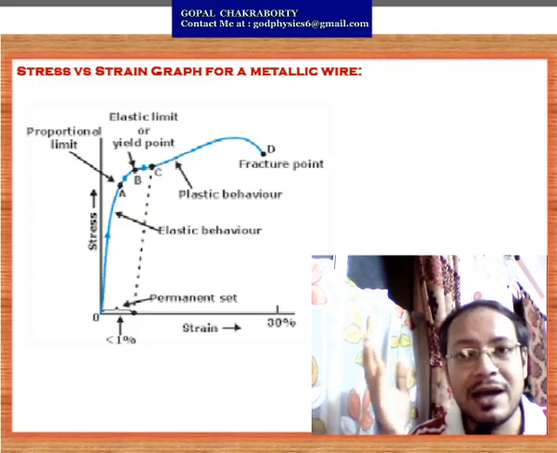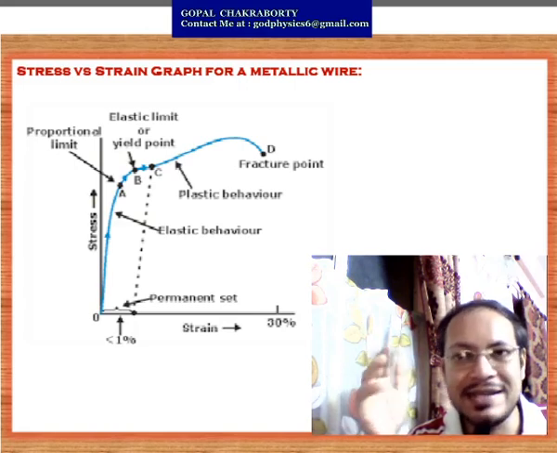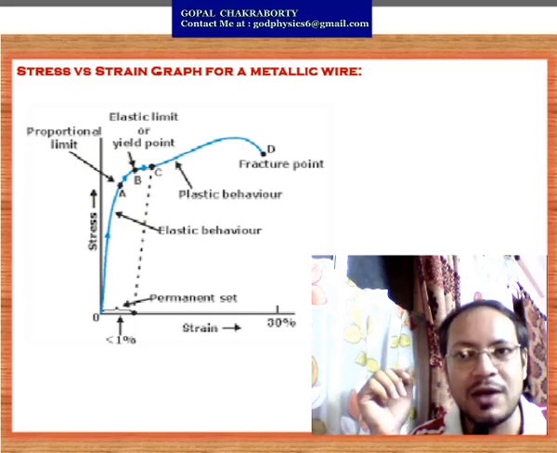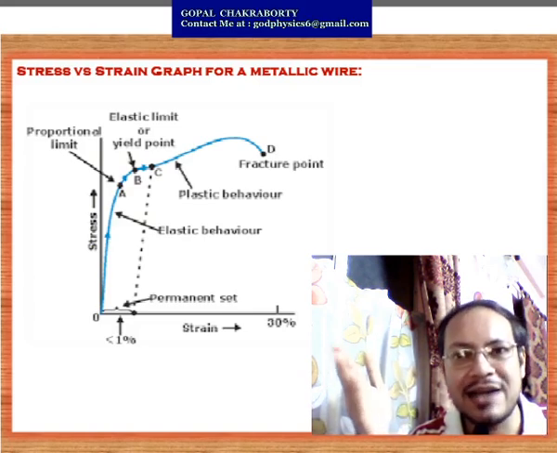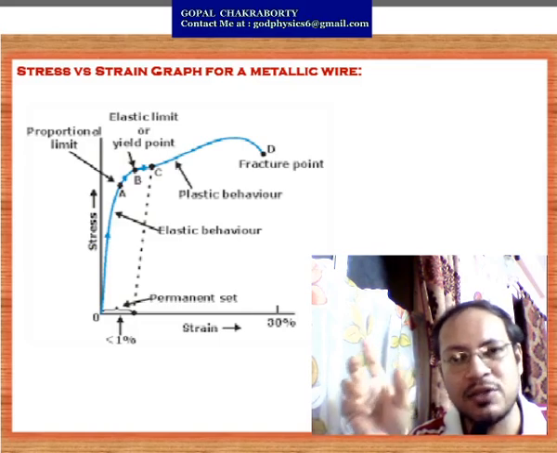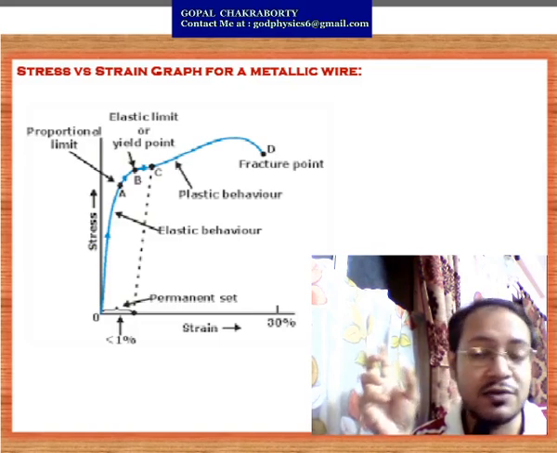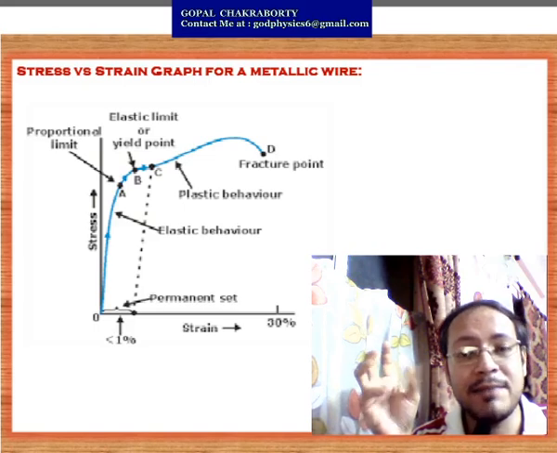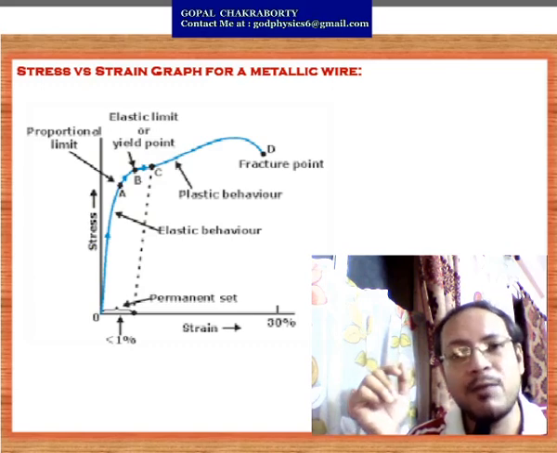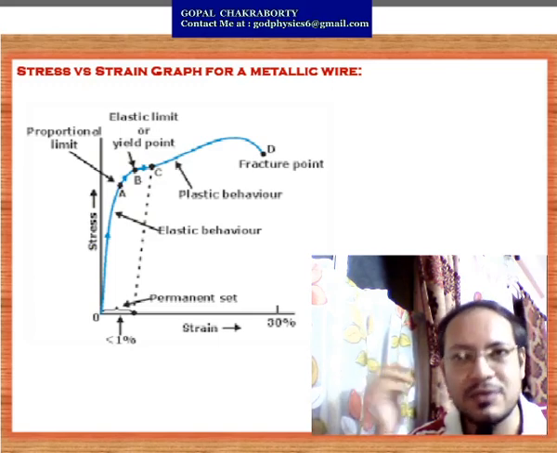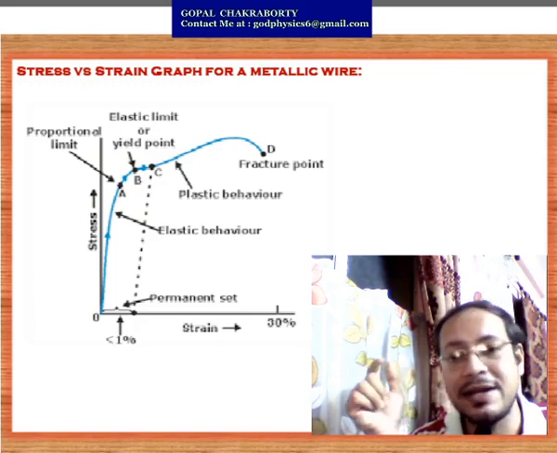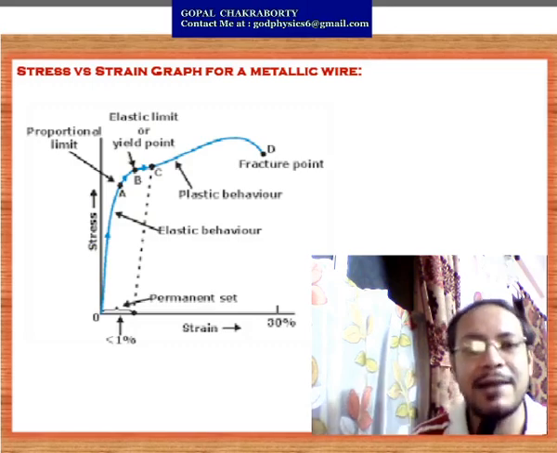Now above point C, if you again apply a force, there will be a permanent state of deformation. You see here I show you with some dotted lines. That deformation you cannot remove. It may partially regain its original size and shape, but not fully. And after point D, it is the fracture point. That means the body will break if you apply more force over that body. So this stress strain graph is very important, and it shows that strain is more fundamental than stress.